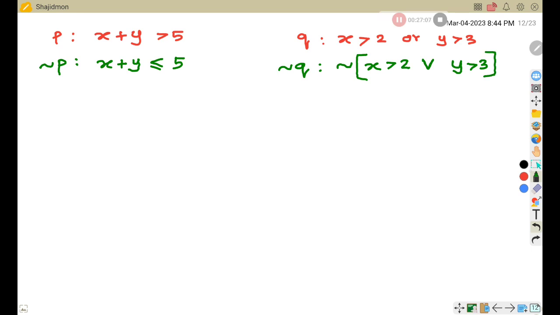Negation of x greater than 2 or y greater than 3. Now we need to apply this negation. For this, we studied one rule, that is De Morgan's law.